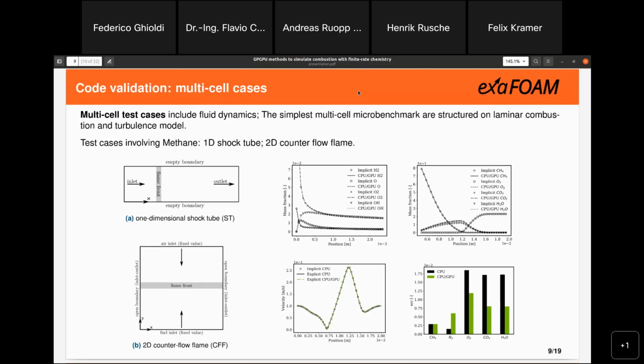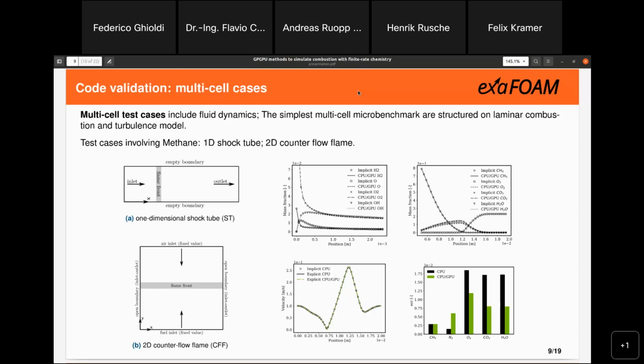Multi-cell cases which are extremely popular, they are available in the literature, but also multi-cell cases that allowed us to consider, for example, laminar combustion, or laminar turbulence models, for example, allowing us to still investigate what would have happened by considering multi-cell cases, but without introducing the presence of other external factors that could have an influence on the final result for our simulation. With the exception, of course, of fluid dynamics, which is present in this case.